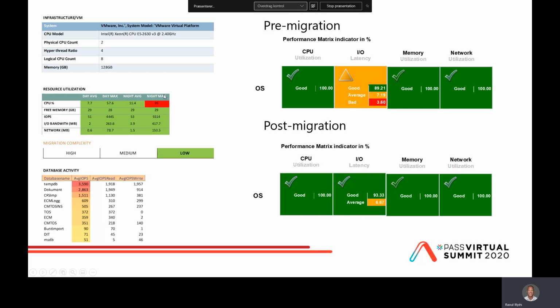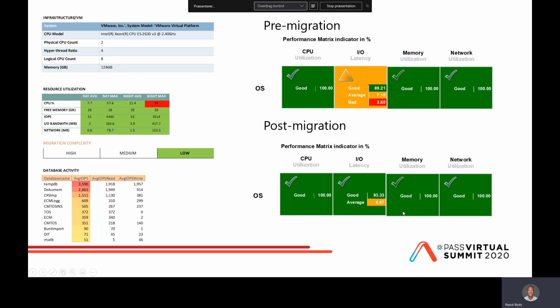On the left side, basically, we have a lot of statistics on the existing environment. But on the right side, we have a summary of all those statistics. And basically, we can provide to the organization, whoever is the owner of that specific application, how did your application behave and perform before we did the migration, and how did it behave and perform after the migration?